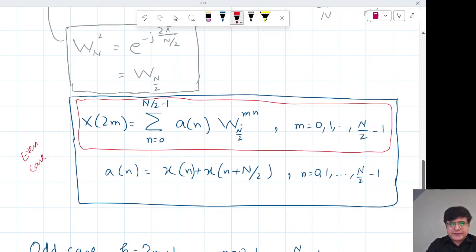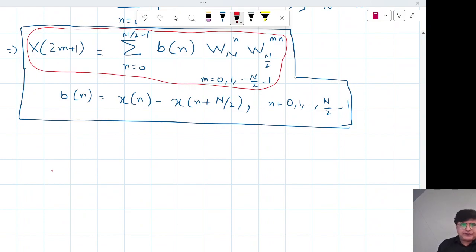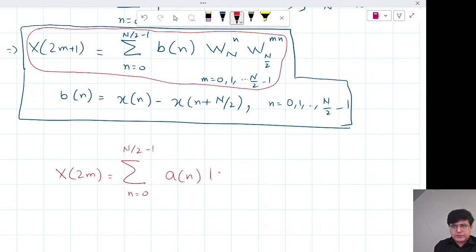I will just copy these. I have x of 2m, which is just a sum, n goes from 0 till N/2 minus 1, and I have a of n times w subscript N/2 to the power mn.